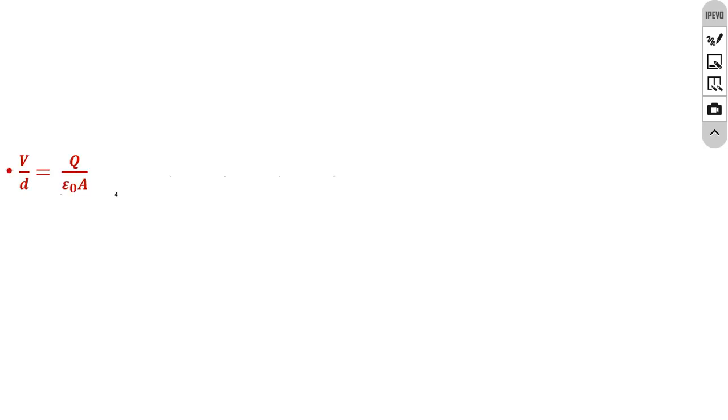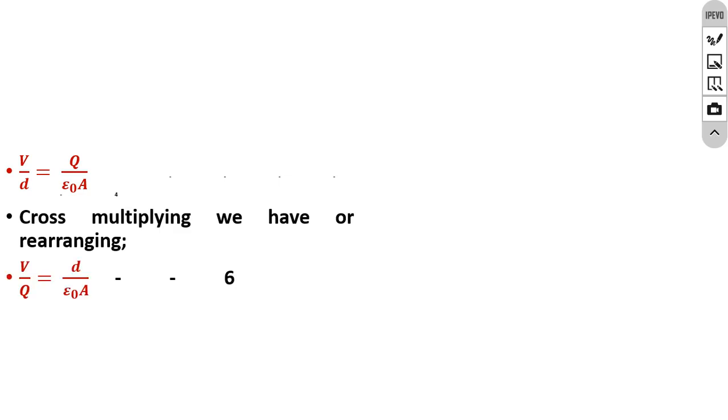So if we equate equation 4A and equation 5, we have a new equation as shown here. Assuming we cross multiply, we deduce equation 6. If we turn it upside down or cross multiply as well, we deduce equation 7.